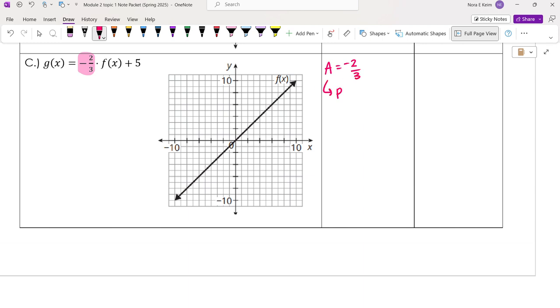One is that we have a reflection, and then it's also a vertical compression. And now D here is 5. So that means we go up 5.